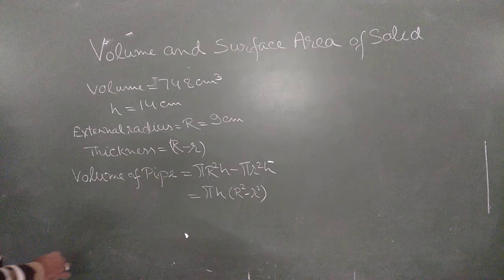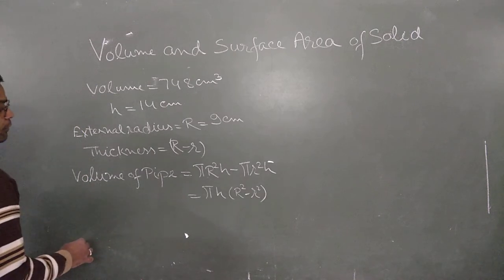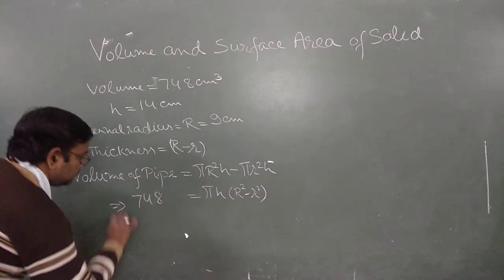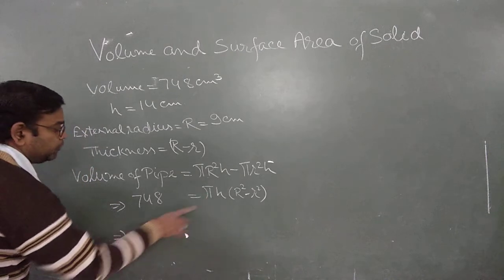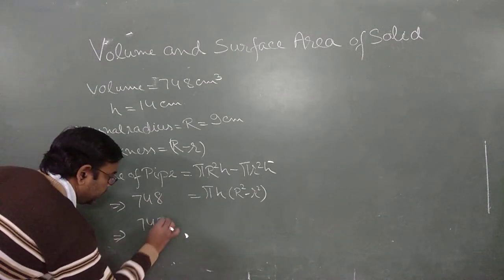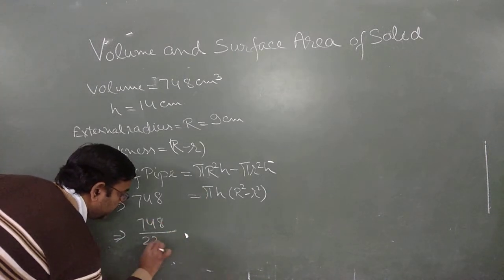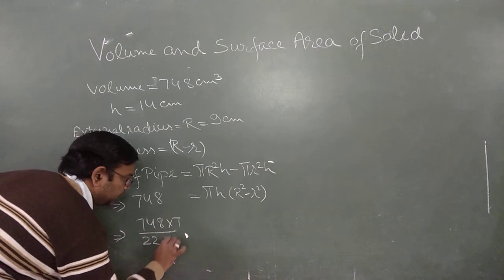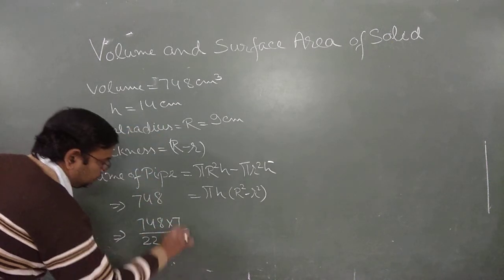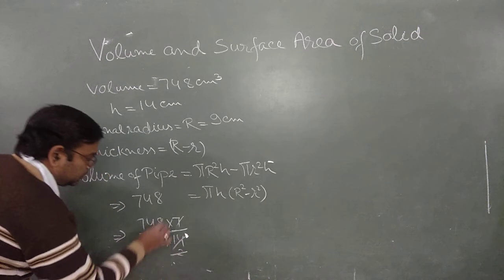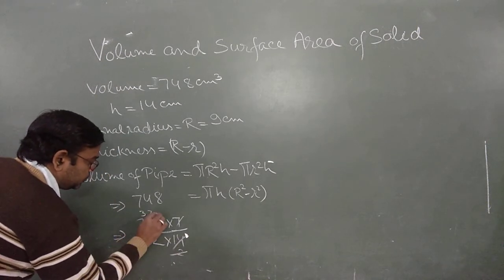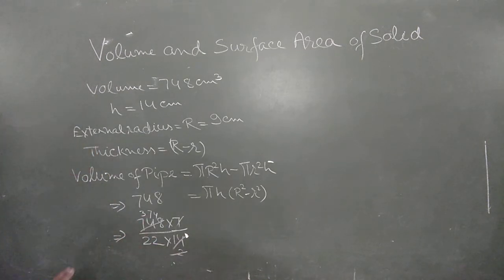And we know the volume is given, it's 748. So we know the value of pi, we know the value of H. So 748 by the value of pi, 22 upon 7, and the value of H is your 14. 7 2s are 14, 2 3s are 6, 2 7s are 14, 3 7s are 21.